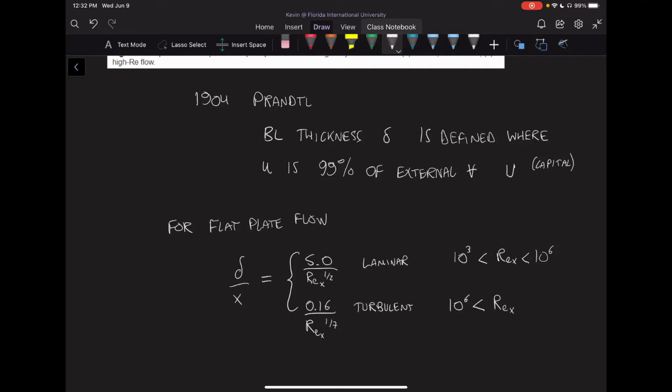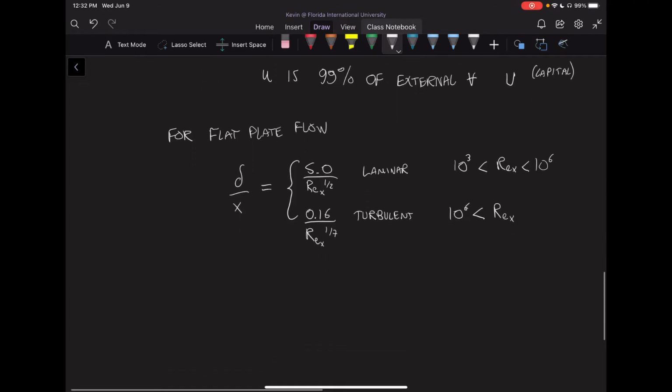Our transition region is occurring around 10 to the 6th. And anything above 10 to the 6th could be considered turbulent. Anything below 10 to the 6th could be considered laminar. And when you're close to 10 to the 6th, you can assume that there's a little bit of a transition region, and it might be a little bit more complicated to work.